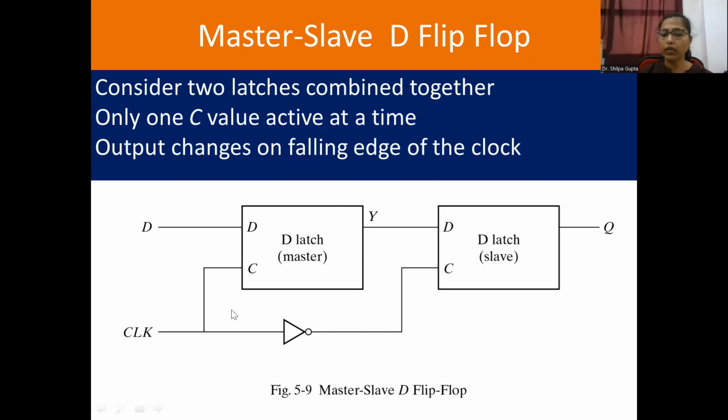So we are using the whole time period of a clock. First the master will produce the output that will be accessed by the slave, but the slave will not produce output immediately because it is active low. When the clock is 0, it will work and produce the output. So you will get the final output at one clock time period.